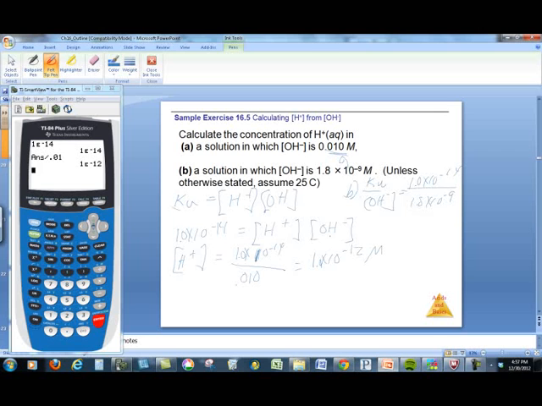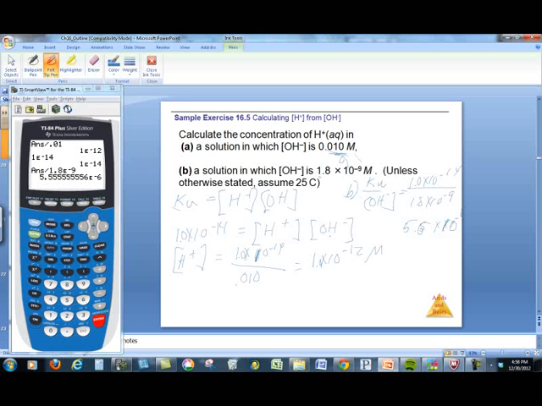And if I divide those, I get 1 second EE negative 14 equals, divide by 1.8 second EE minus 9 equals, and I get 5.6 times 10 to the minus 6.